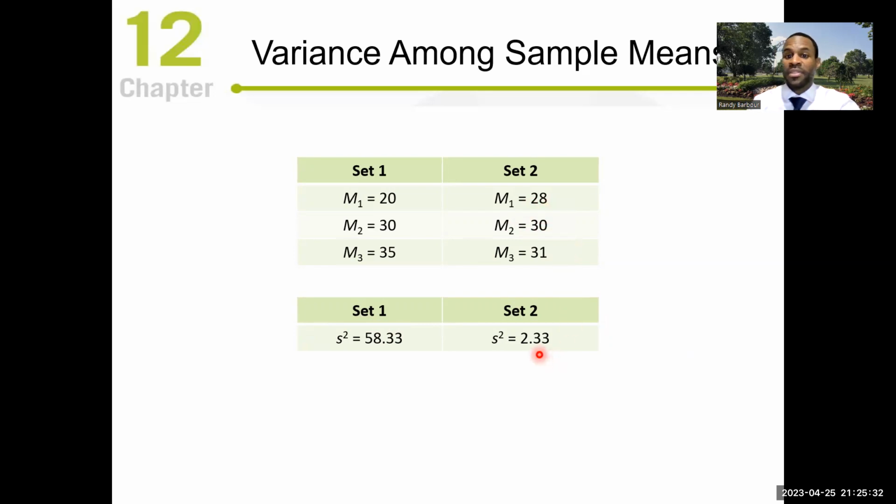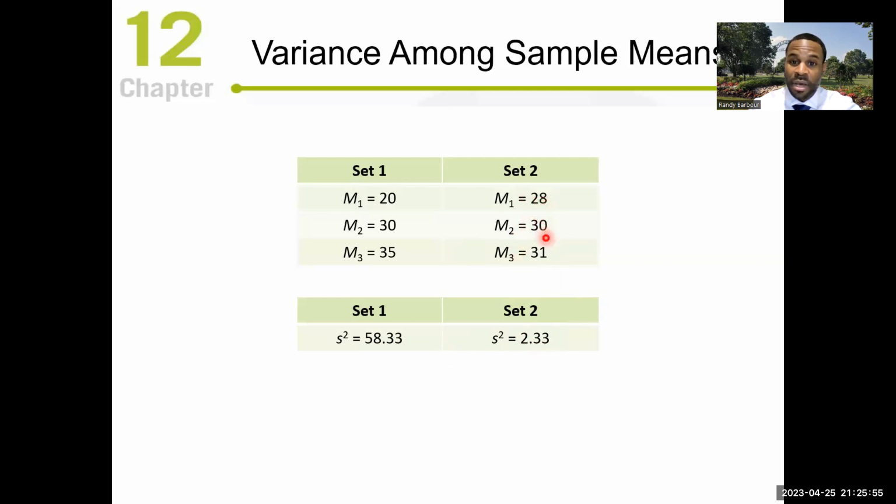As you can see, the differences between the means in set one and the means in set two are very, very different. The variances indicate that, 58.33 versus 2.33. The higher your variance, the bigger the differences are among those sample means. These are a lot closer together.